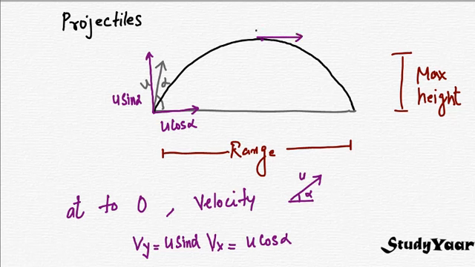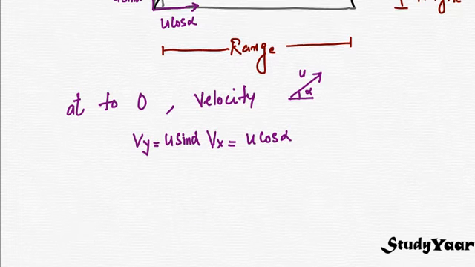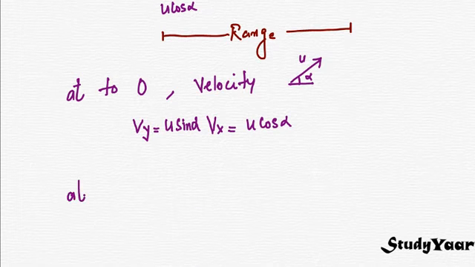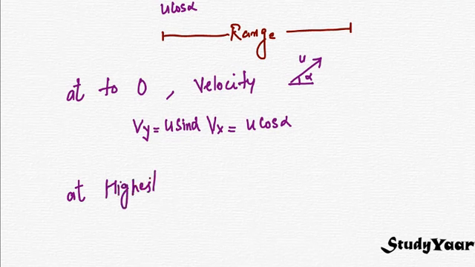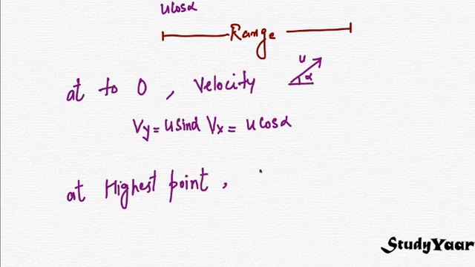So there is no vertical component. So at the highest point, my velocity Vy is equal to 0 and my V is equal to Vx.